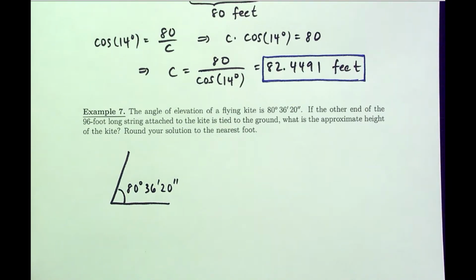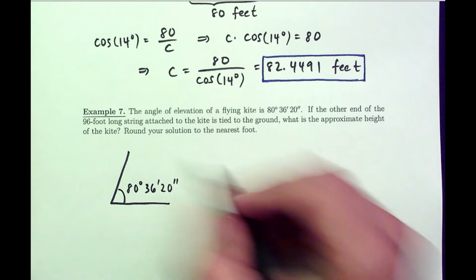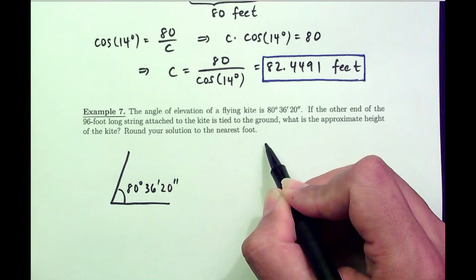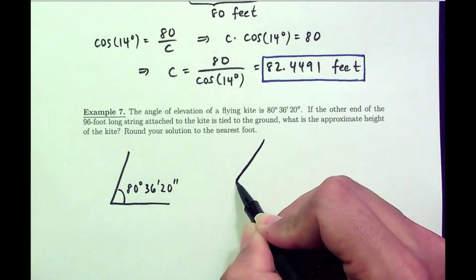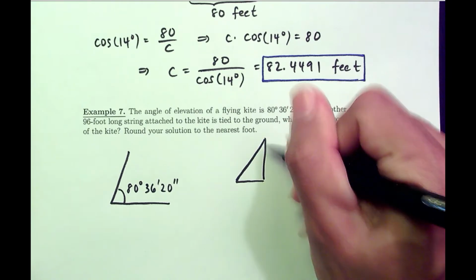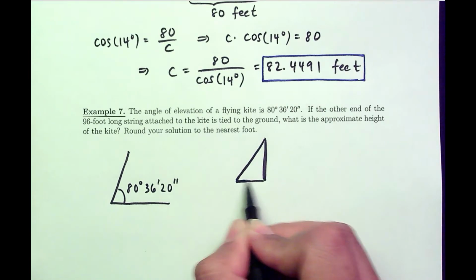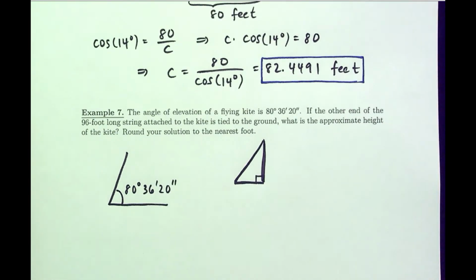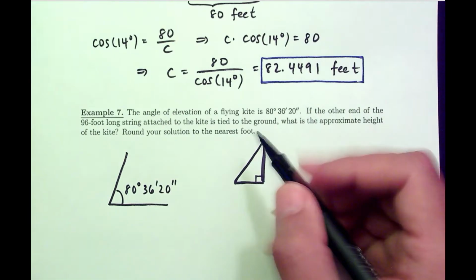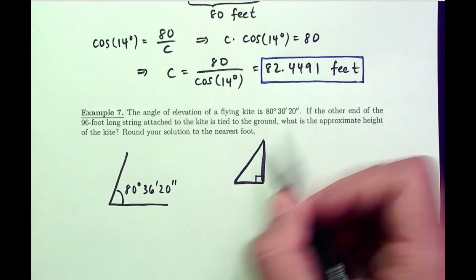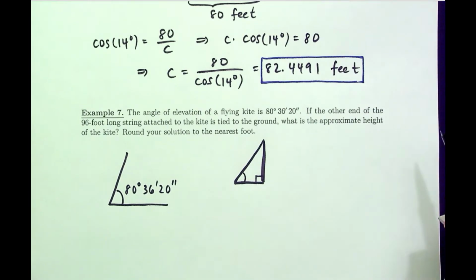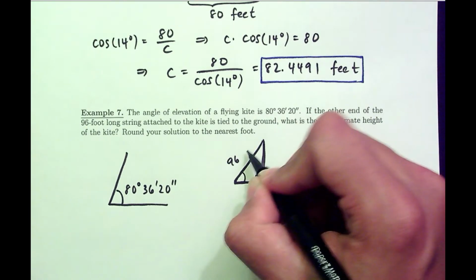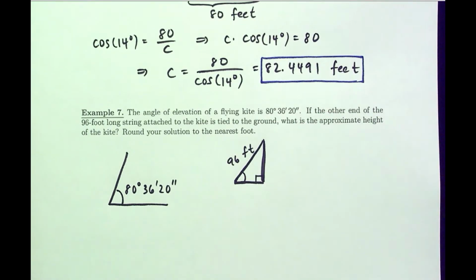Now I want to draw the perpendicular, so this picture perhaps is not the best, but we can draw something like this. It's the same one, I just didn't have enough space there. So that angle is that angle, and then the string would be 96 feet.